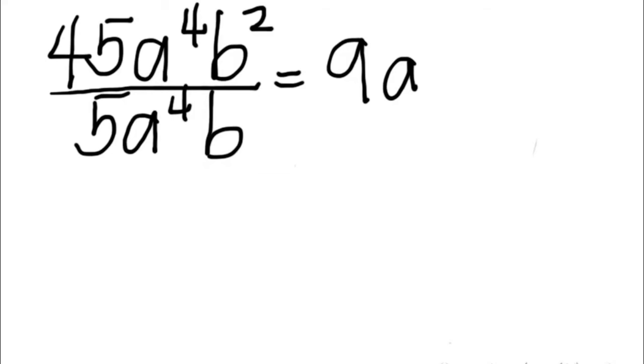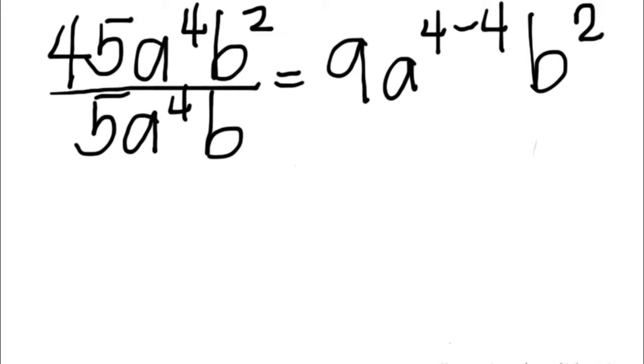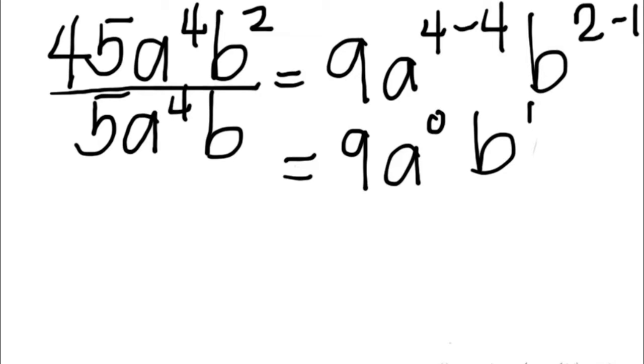So, we are going to have a raised to 4 minus 4. And then, we're going to have b raised to 2 minus 1. And then, simplify. So, we're going to have 9. So, obviously, 4 minus 4, we're going to have a raised to 0. And then, b raised to 2 minus 1. So, we are going to have b raised to 1.